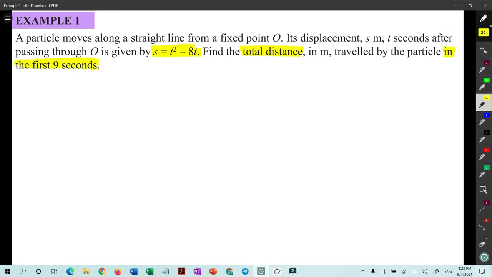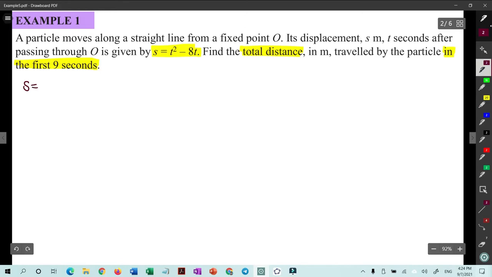So we can solve this problem using number line or displacement time graph. But in order to draw a number line or a displacement time graph, first of all, we must come up with a table. So I'm going to tabulate the displacement for the particle for the first 9 seconds.